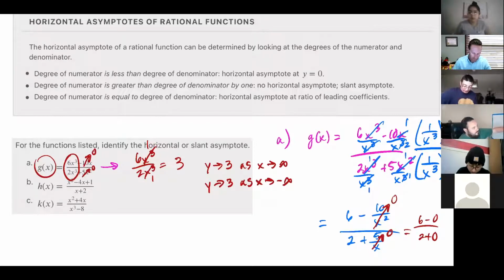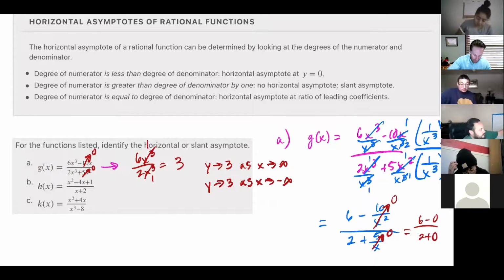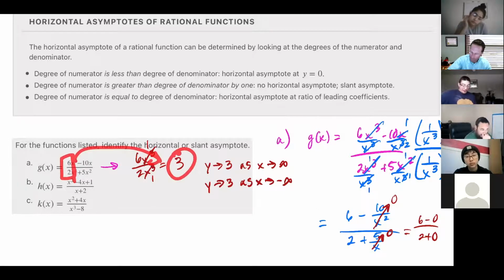Okay? So look at the next one there. Who's winning this battle? Because we're talking infinities. We're talking to the extreme right and the extreme left. Well, here, it was equal, wasn't it? So we had to just drop those and focus on the coefficients, and that was our answer.